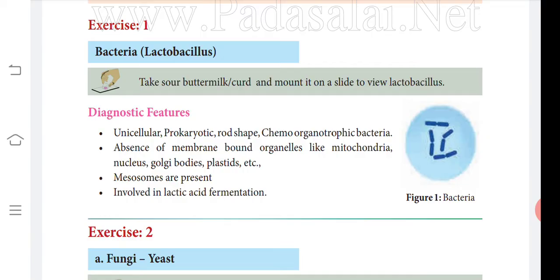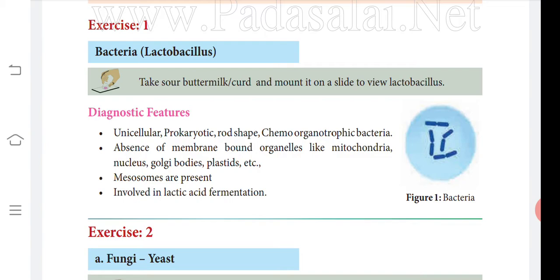Then you write Diagnostic features, underlined. Then you write the notes. On the left-hand side of your record, you have to write the heading Bacteria, Lactobacillus. Then draw the diagram as given here. Okay, so that's all for the first exercise.